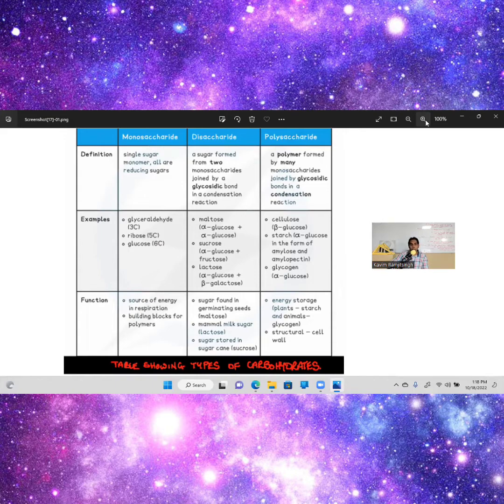And you see examples of your monosaccharide: glyceraldehyde, right, 3 carbons, your ribose, 5 carbons, glucose, 6 carbons, right? And you see in the disaccharide we come in to talk about alpha and beta glucose, right? And the ring structure. That is new, right?